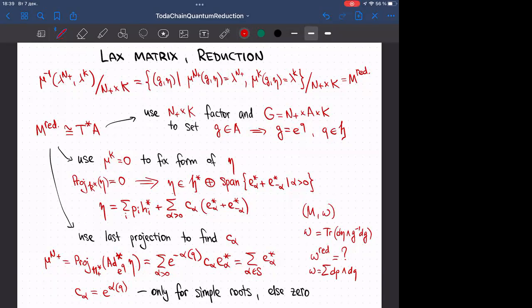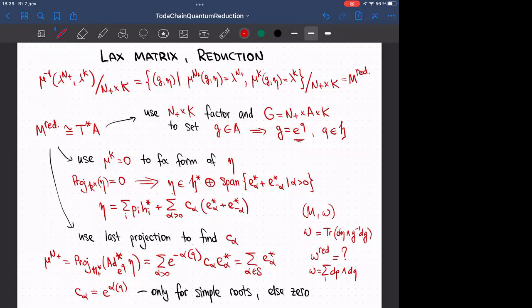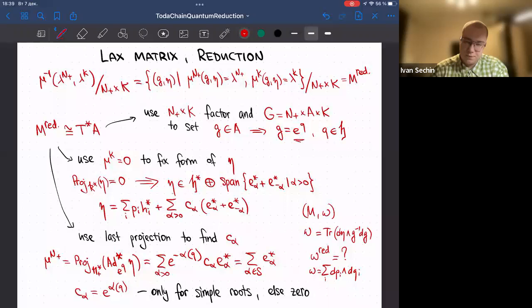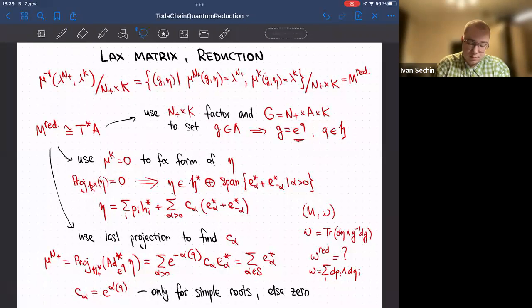Okay, so and q is, oh, I confused. So alpha is the difference of q. Yes. Well, and then we have this M reduced and the standard Poisson brackets here.